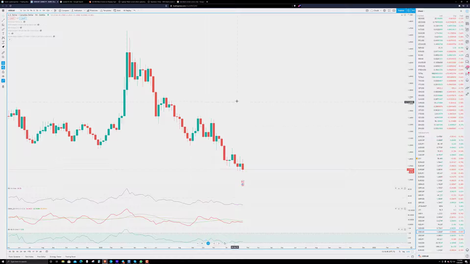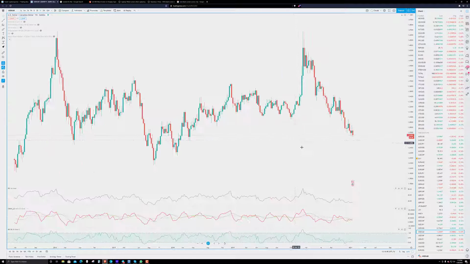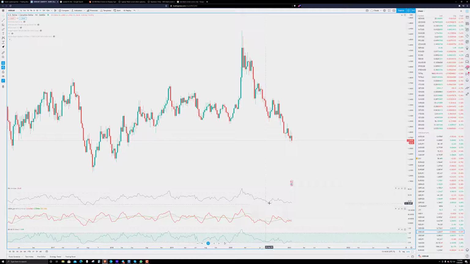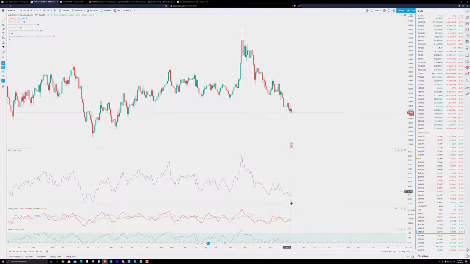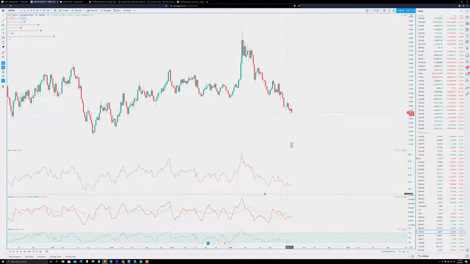But looking at the weekly chart, we're seeing a lot of the same stuff go on here. Now, take a look at what's happening with price action relative to what is happening with the RSI and the composite index. There is a very clear wedge pattern here. The slope or the angle of this move south is very strong.